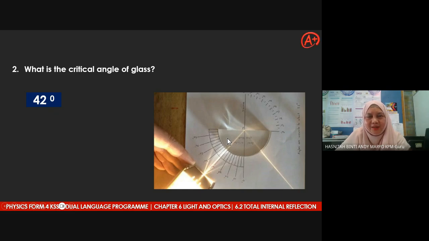I should have taken it further back, so you would see the light refracted exactly at the border. Here the critical angle is 42 degrees, where the angle of refraction is 90 degrees. So 42 degrees is the critical angle of the glass used in this experiment.